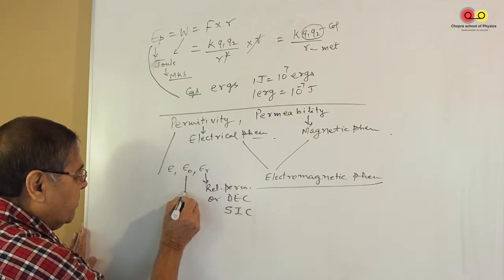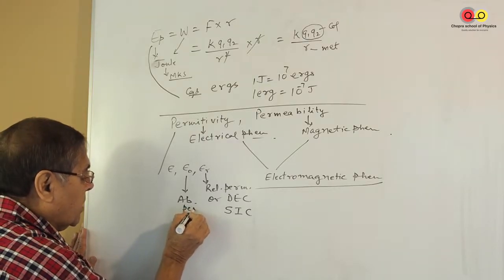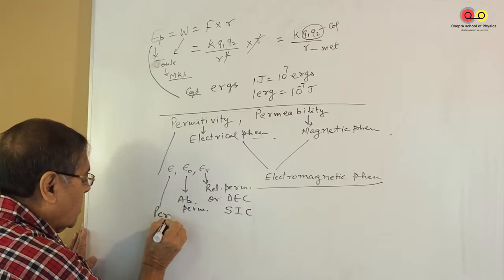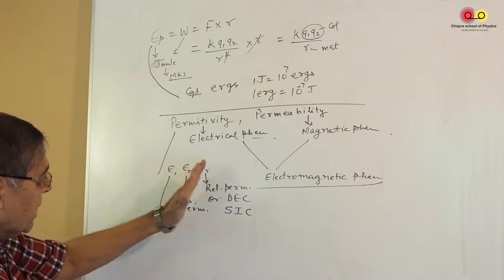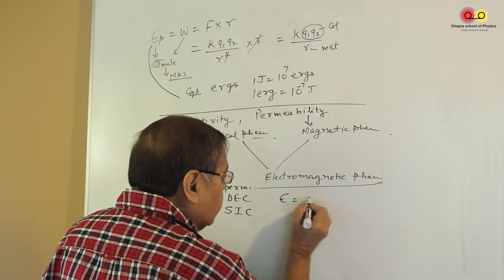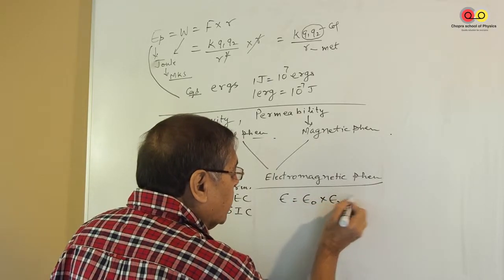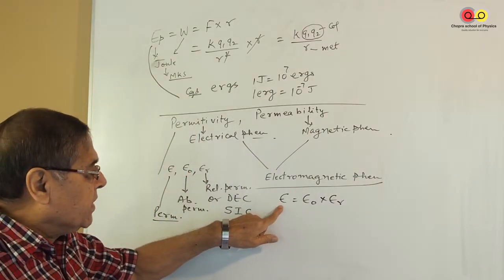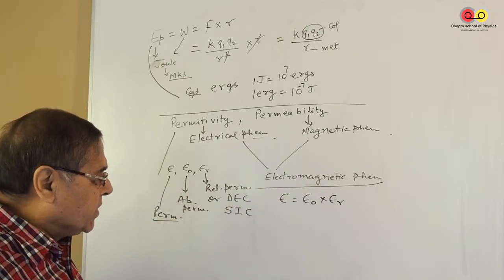And the symbol epsilon naught is absolute permittivity. And this is simply permittivity. Now we have to relate them. The formula: permittivity is absolute permittivity multiplied by relative permittivity. So permittivity is the product of absolute and relative permittivity.